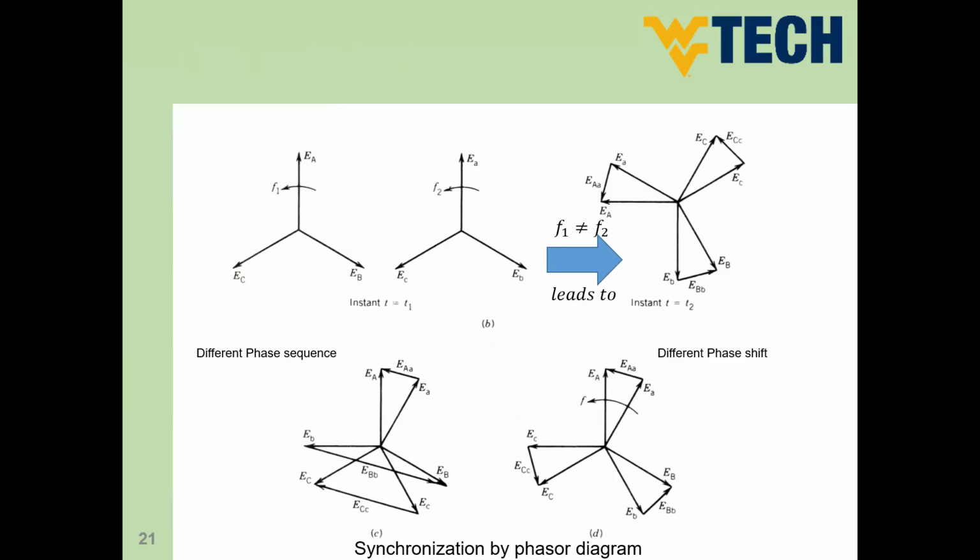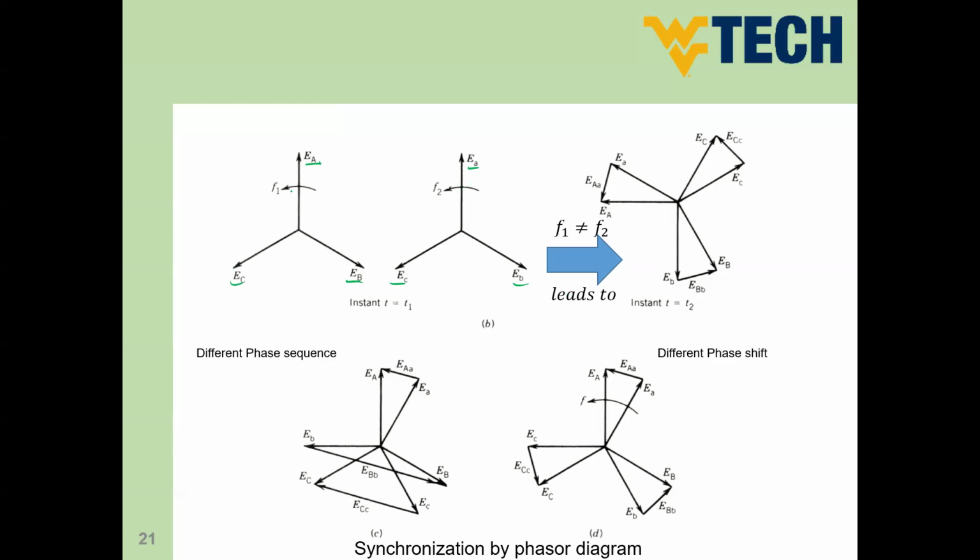Here, this diagram shows you guys the different conditions that are not achieved to make synchronization. For instance, this is the infinite bus here, and this is the generator. As you can see here, this is E generator of phase A, this is the infinite bus of phase A. Here we have B and we have C. They are in the same sequence and in phase.